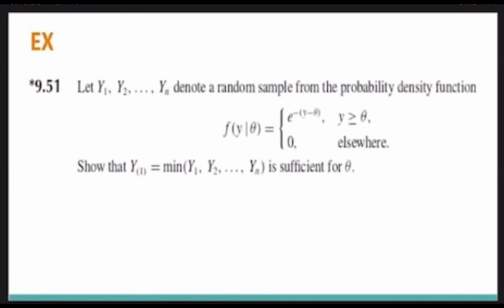This is another one: you are given an exponential distribution. Show that y1, the minimum statistic, is sufficient for theta. Like I said, my TA is going to walk you through some problems. This is where I'm going to stop today.